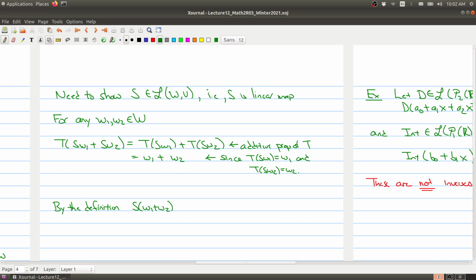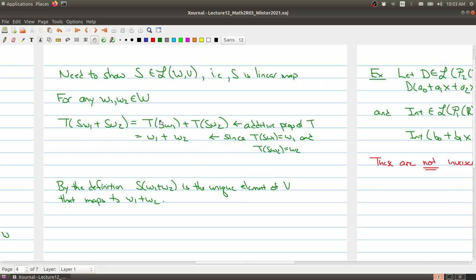Now, by definition, S evaluated at w1 plus w2 is the unique element of V that maps to w1 plus w2.